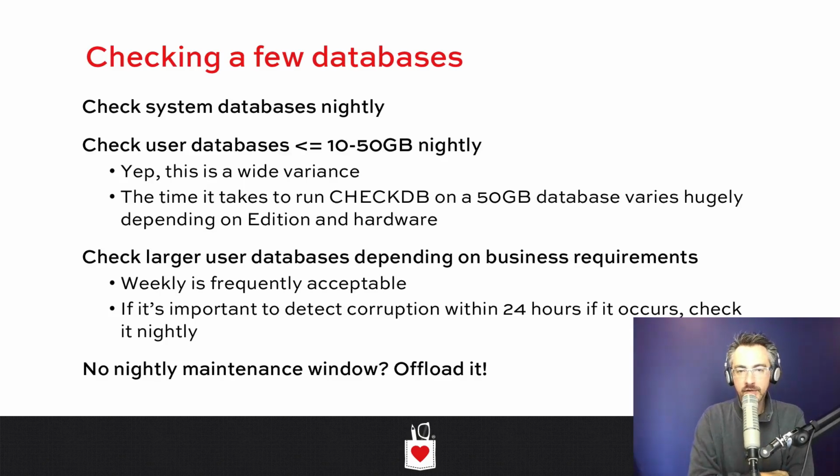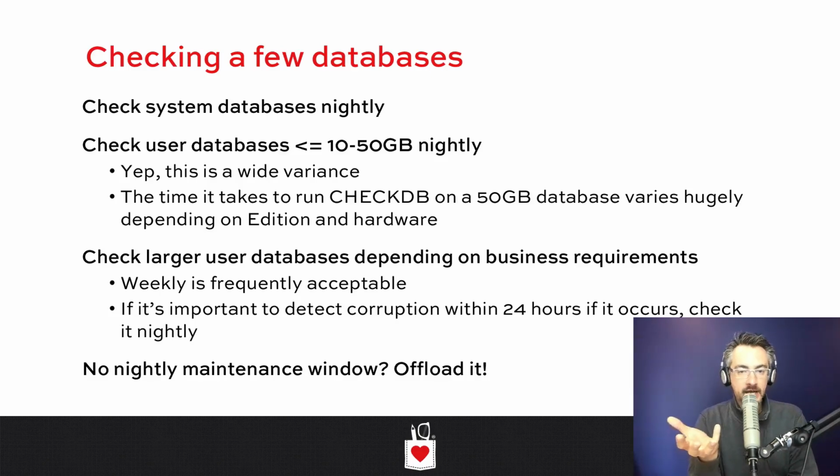If you have a dozen or less user databases that are around 10 to 50 gigs, run CHECKDB on the server every night. Now, I know that's a big range, between 10 gigs and 50 gigs, because we're talking about the difference between maybe 100 gigs worth of data to nearly a terabyte of data. But at the 10 to 50 gig range, it's fairly hard to notice the difference on reasonable hardware.